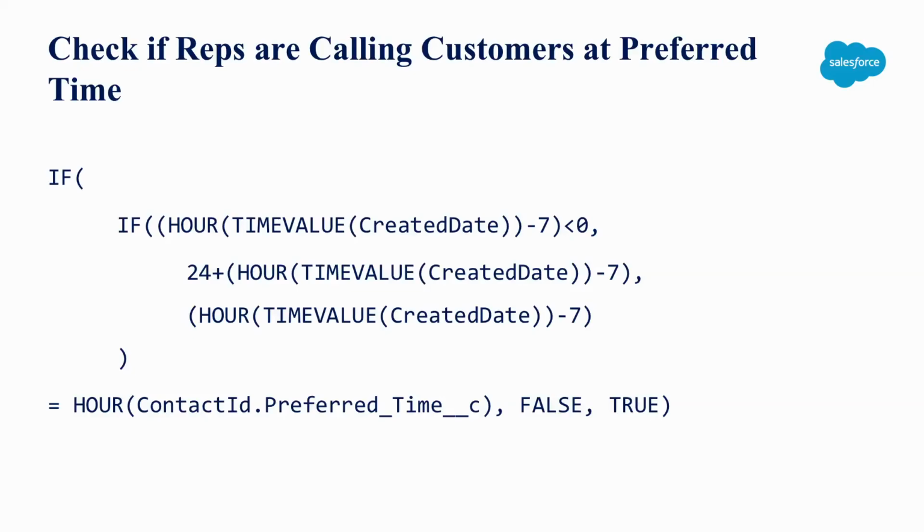I'm going to read through this one. So this chunk in the middle is just to get that created date into the local time for GMT -7, which is Pacific. So this one does not support multi-time zone orgs. It also doesn't support daylight savings time.